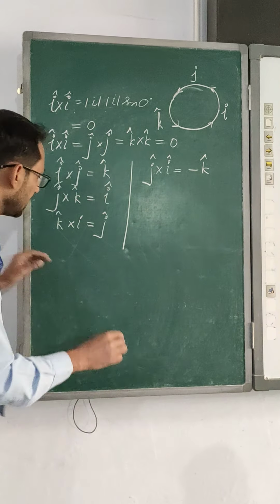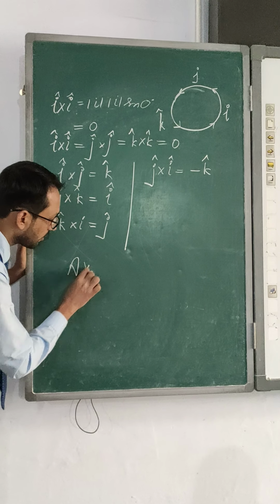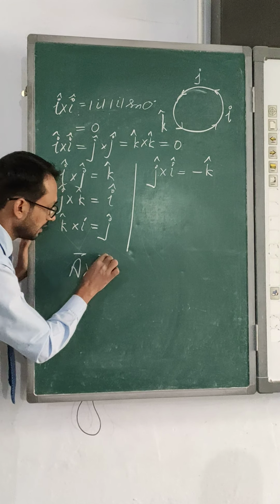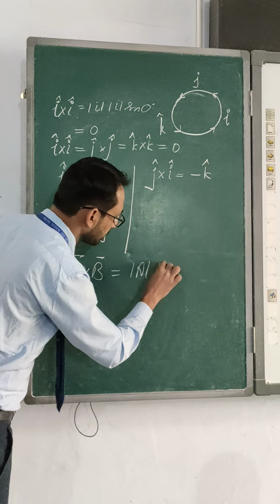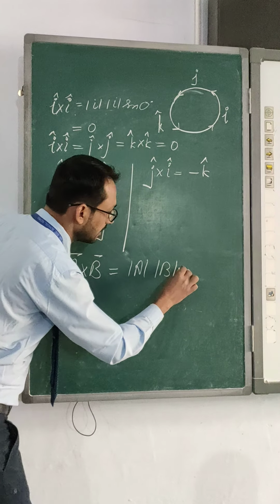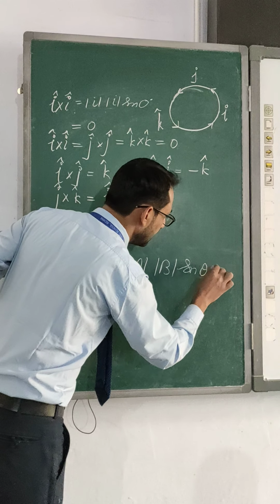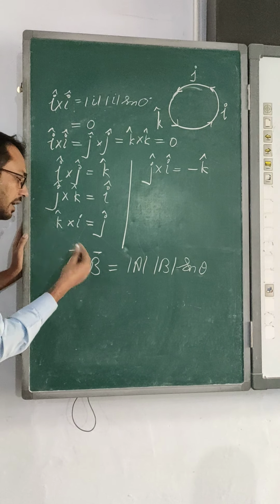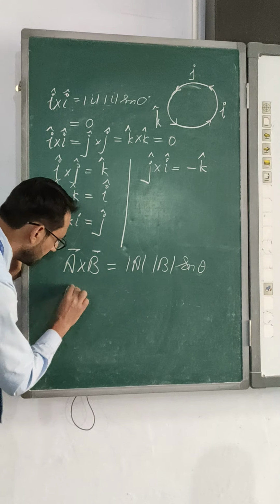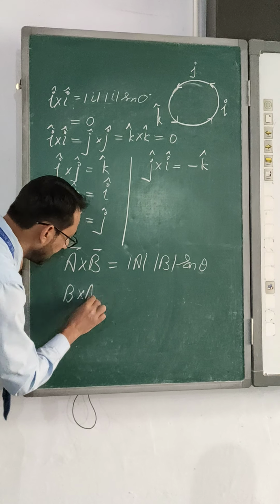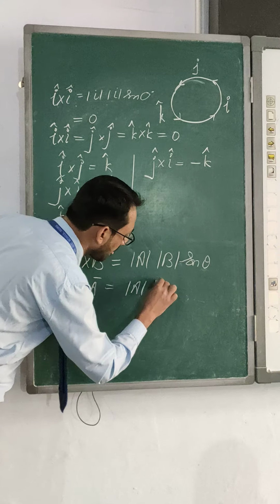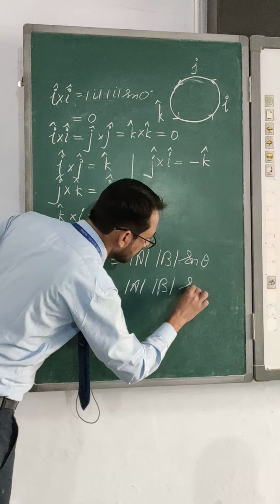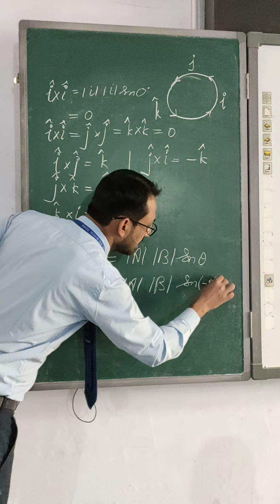This is also because A cross B gives the result mod A mod B sin theta. If I go for B cross A, then it will be mod A mod B sin minus theta.